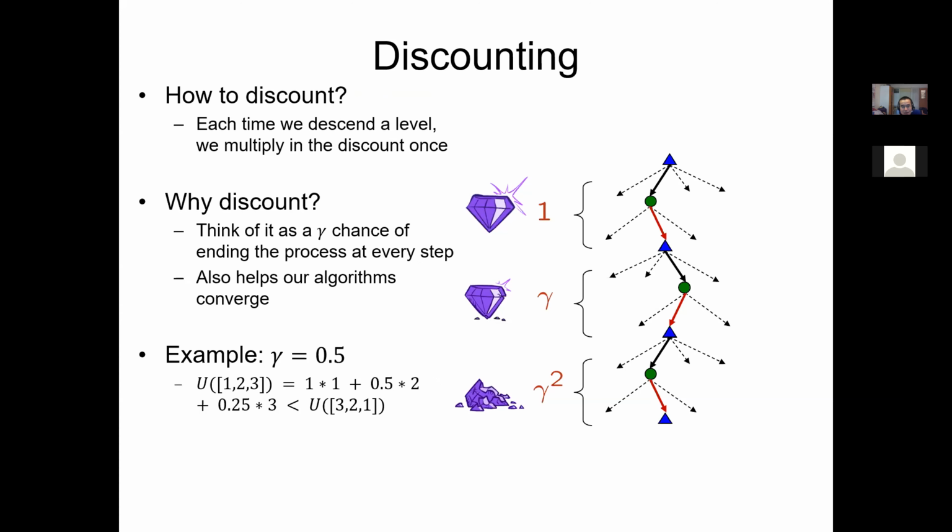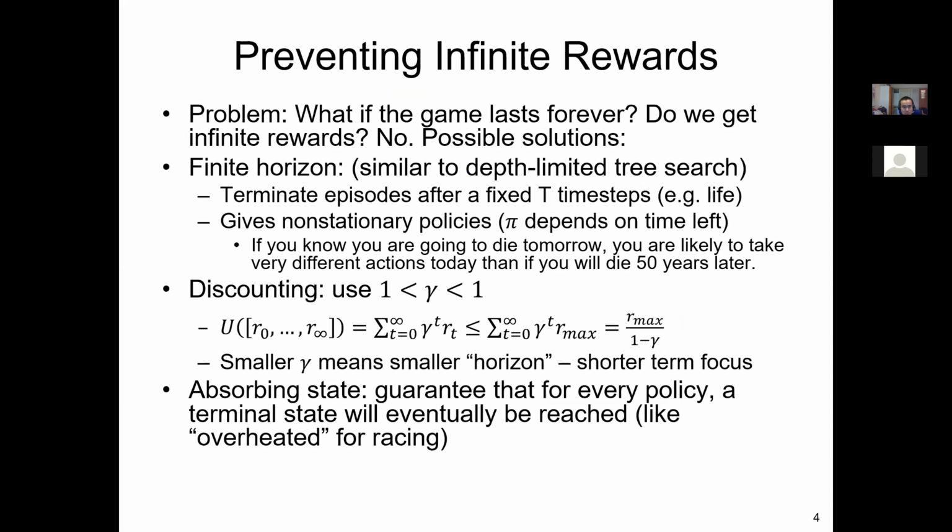So if gamma is large, then your chance of staying in the game is high. So you're likely to keep playing. If gamma is small, gamma is the discount factor. So small gamma is smaller horizon.